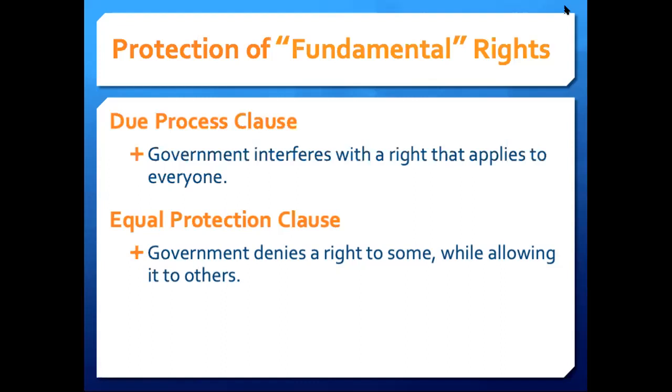So most of these types of issues can often be protected under both clauses. They can raise due process clause issues. They can also raise equal protection clause issues. It really often just depends on how it's framed. There typically isn't any major practical difference because we apply strict scrutiny in either situation if we are dealing with a burden on a fundamental right, although the due process clause has broader applicability since you don't need to show any kind of discrimination.